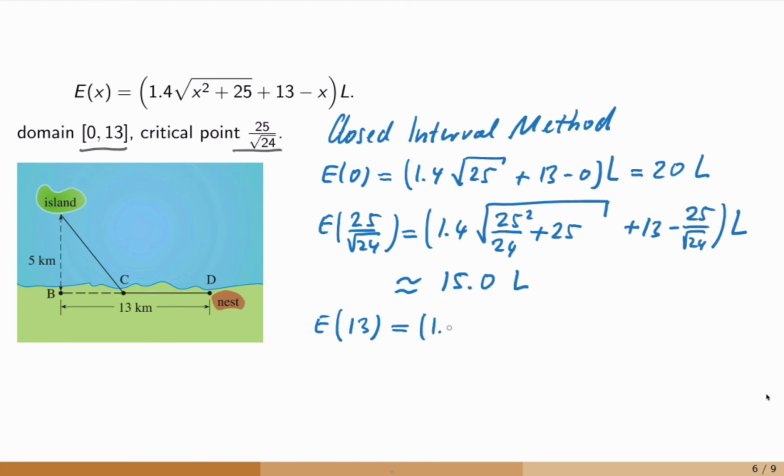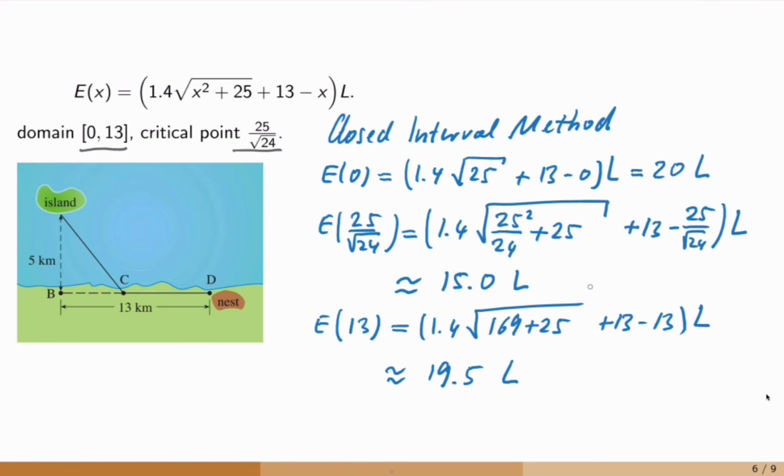So this is 1.4 times the root of 169 plus 25, plus 13 minus 13, times L. If you figure all this out, you get about 19.5 times L. So the minimum is clearly at 15, right?